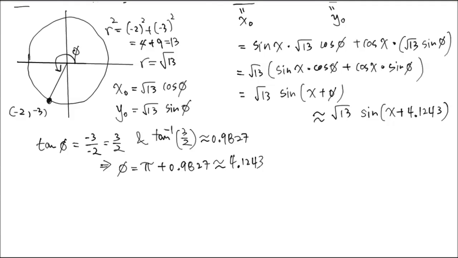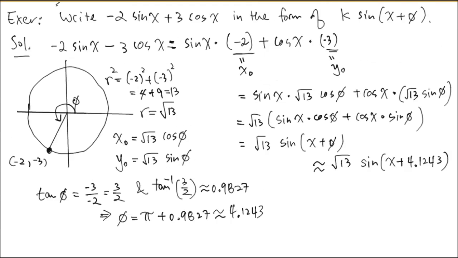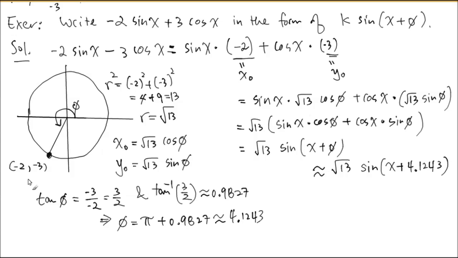Was that alright? Any question? Yeah, we definitely need to explain a little bit about this tangent phi business. I sketched the point down here because that's the coefficient you see in the original formula, so I applied it there. But when you calculate tangent phi, you really calculate 3 over 2. The calculator doesn't know whether what you plug in is really negative 3 over negative 2 or 3 over 2.